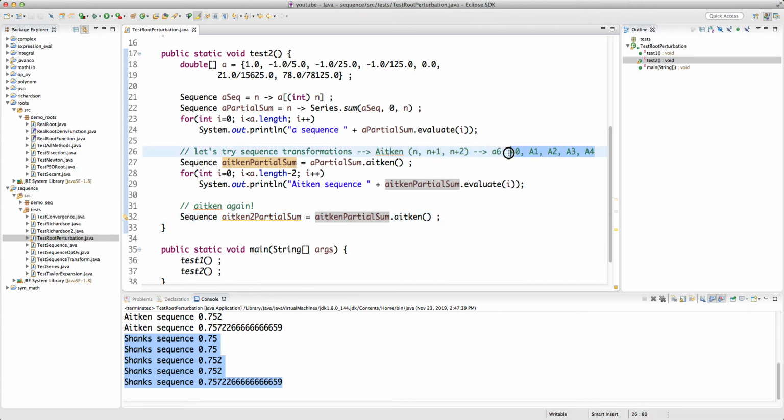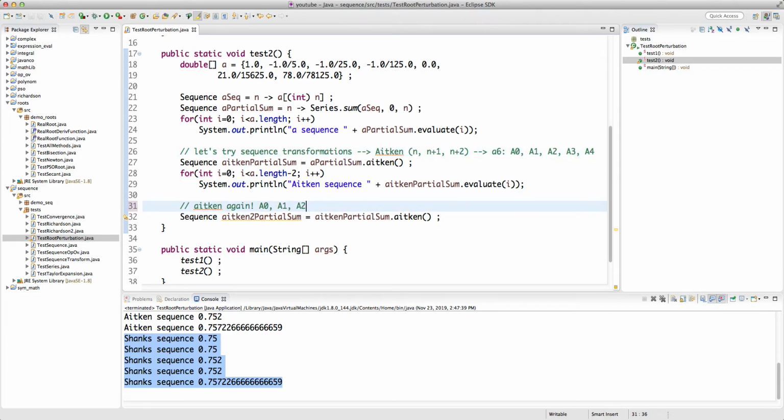Now we have basically what are the indexes? Now we can go to 3, right? Because A0 uses 0, 1, 2, A1 uses A1, 2, 3, and A2 uses A2, 3, 4.